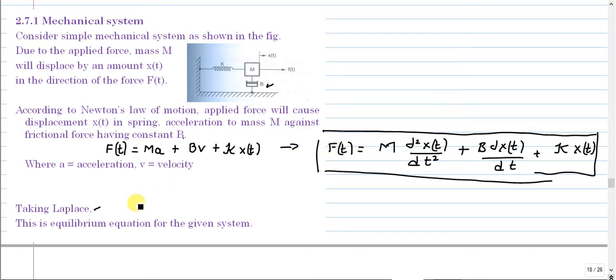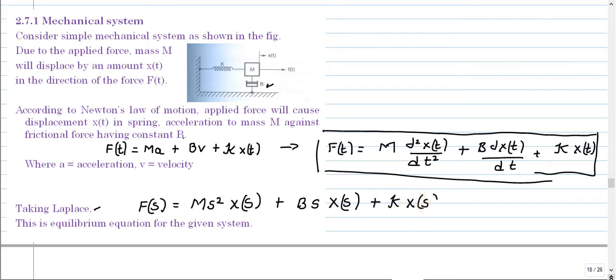When I apply the Laplace transform, it changes to the s domain: f of s is equal to mass into, d square x of t by dt square changes to m into s square x of s, plus b into s into x of s, and the final term k into x of s.